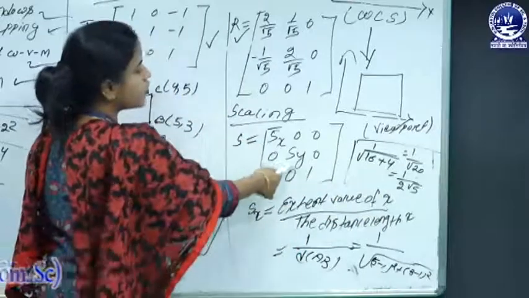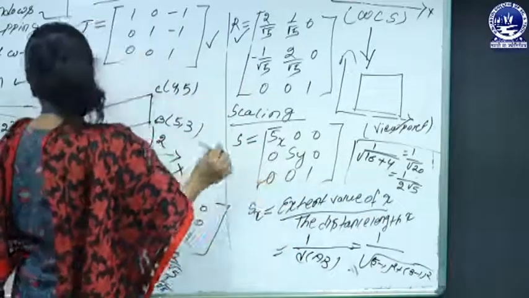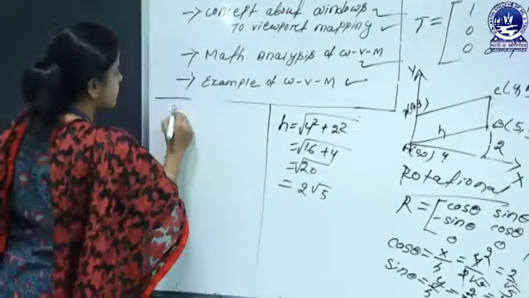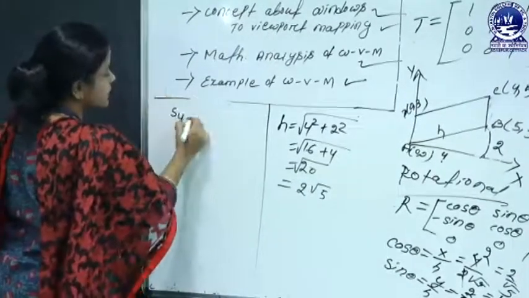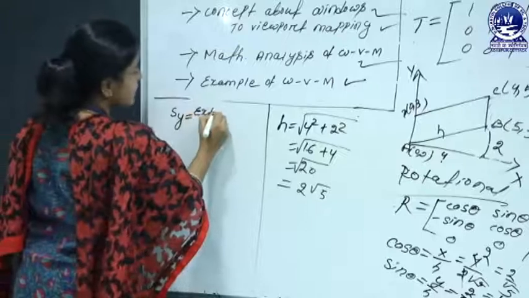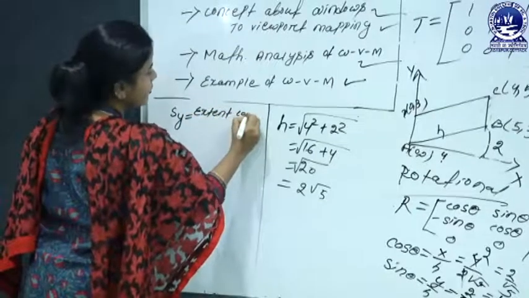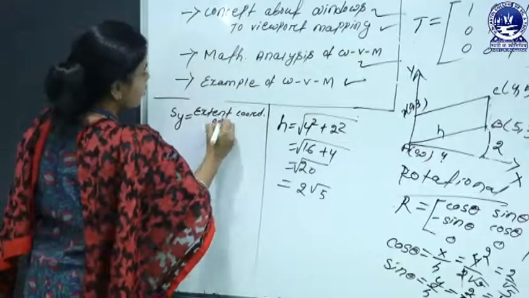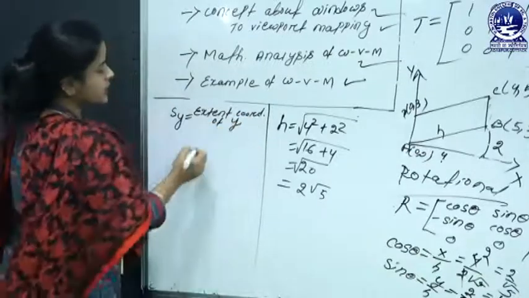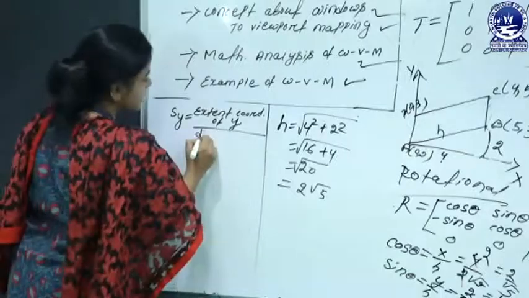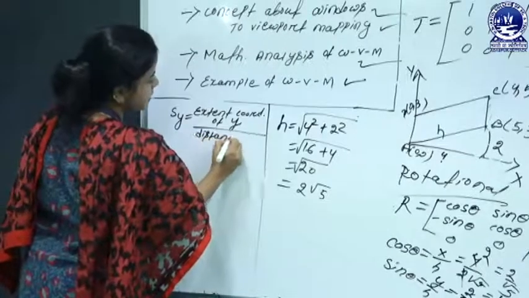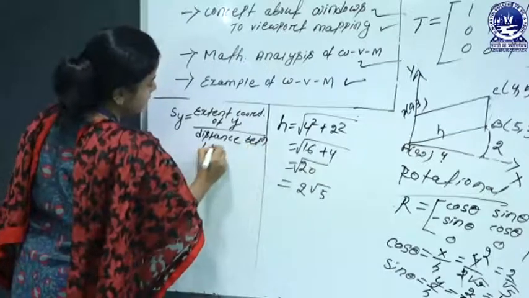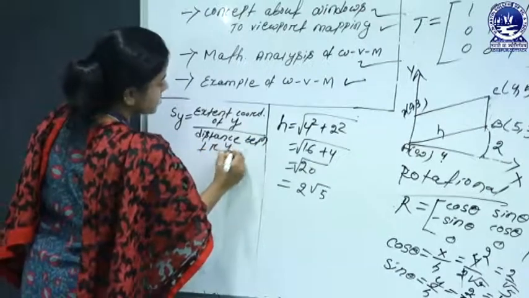Similarly, now we have to find the Sy value. Here the Sy value is calculated using a similar formula: the window coordinate value of the y coordinate elements divided by the distance between the perpendicular y-axis coordinate.